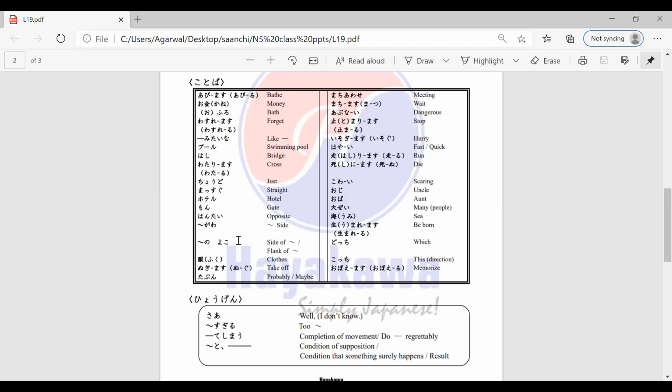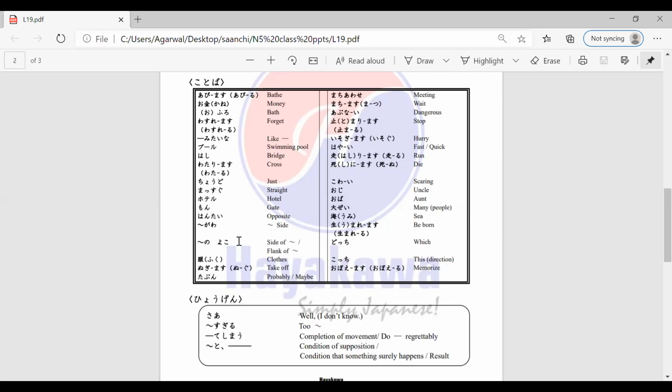The next word is gawa. When you use this gawa with something, it means side. And then you have dash no yoko, which means side of or the flank of something. The next word is fuku.